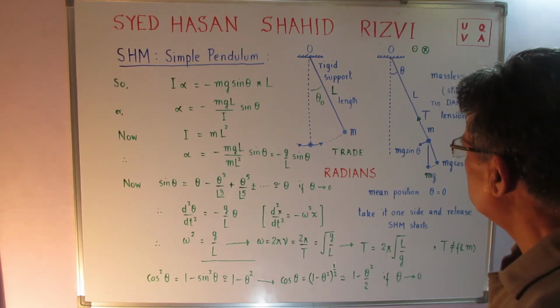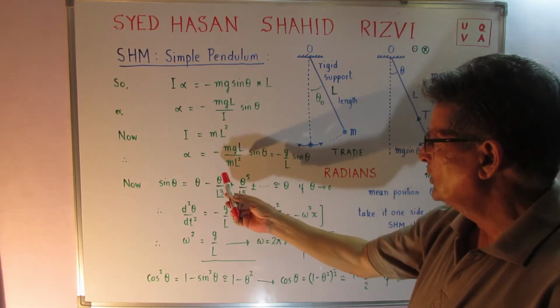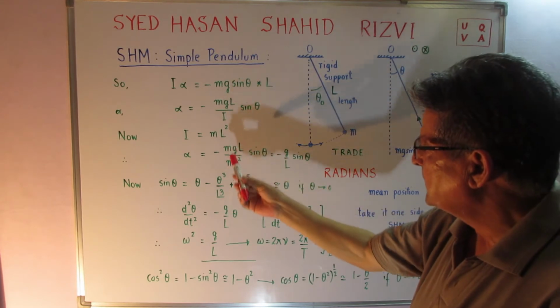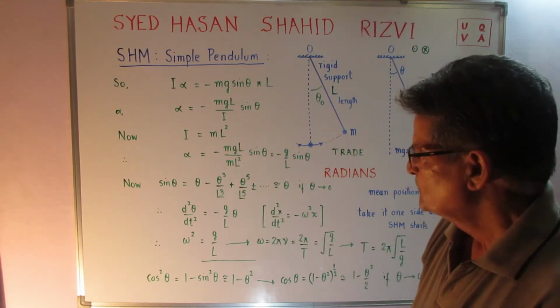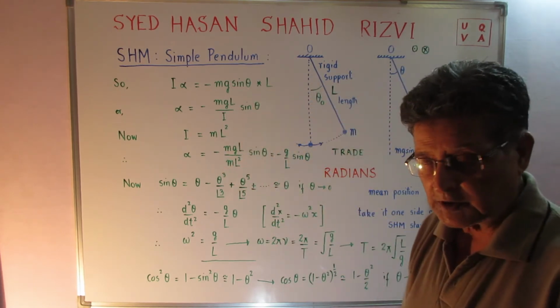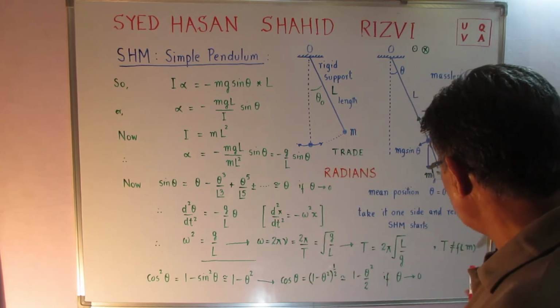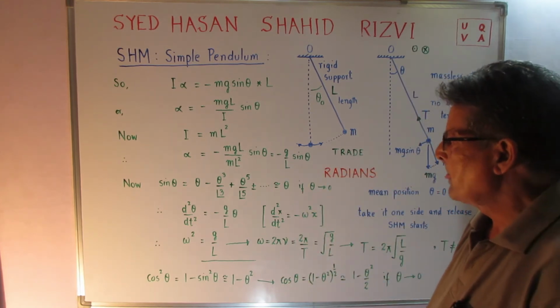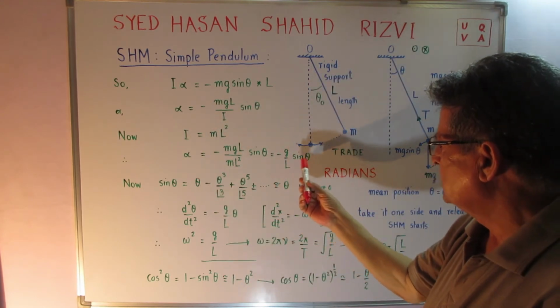So alpha I can write as equal to minus mgl upon ml squared sine theta. So m and m cancel out. It's important. That means the results are not going to be a function of mass. So I can write alpha is equal to minus g upon L into sine theta.